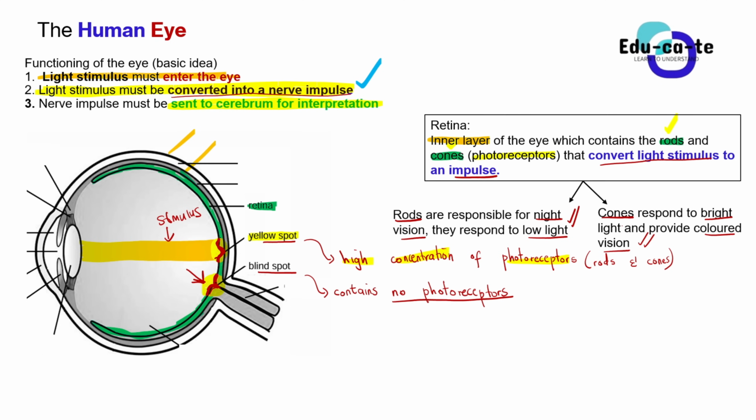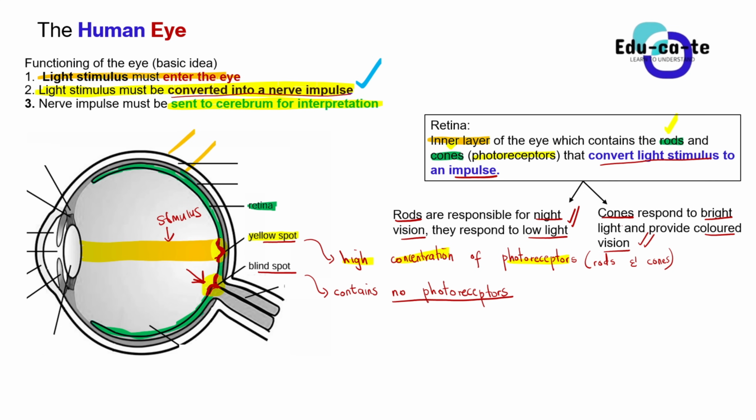Now that it's no longer light, it is a nerve impulse. It must go to the cerebrum of the brain so that it can be interpreted as an image, as something that you can see, as someone that you know, or as a table, or anything that you can see.